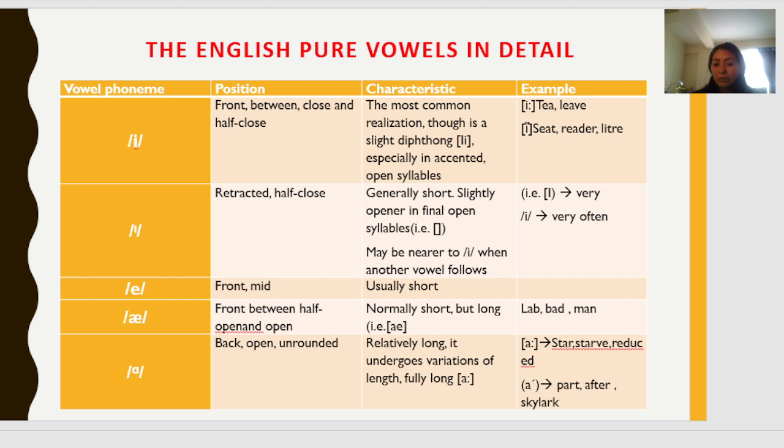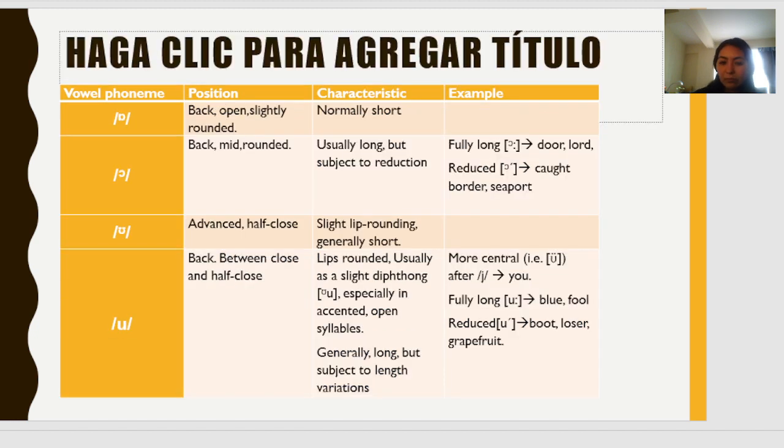The next position is back open unrounded. Characteristic relatively long. It undergoes variation of length, fully long. Examples, starve, reduced, part, after, skylark. The next vowel phoneme, the position is back open, slightly rounded.